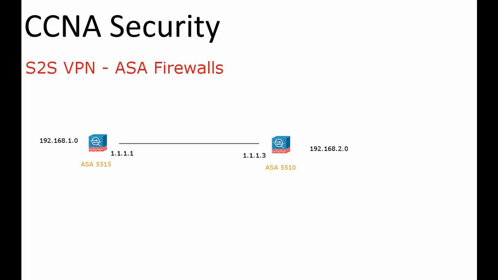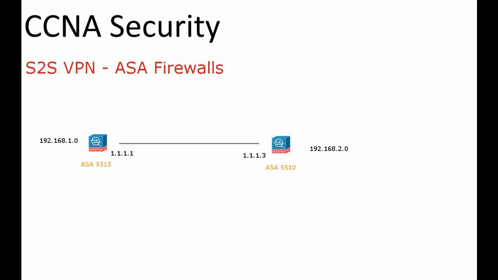Public IP addresses are 1.1.1.1 and 1.1.1.3. Behind ASA 5515, ASA 01 in our case, there is a local area network 192.168.1.0.